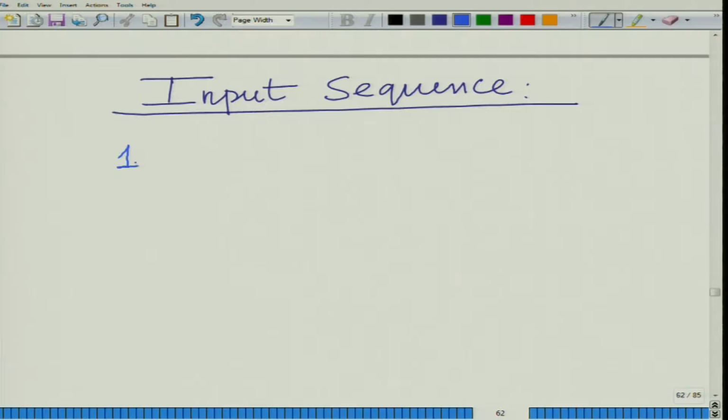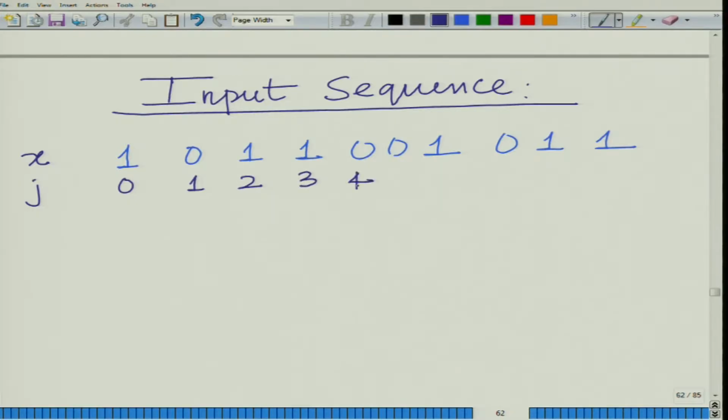Our input sequence is 1 0 1 1 0, the same sequence that we have considered previously, 0 0 1 0 1 1. So, 1 0 1 1 0 0 1 0 1 1. This is the time instant, I am going to write the time instant first: 0 1 2 3 4 5 6 7 8 9.